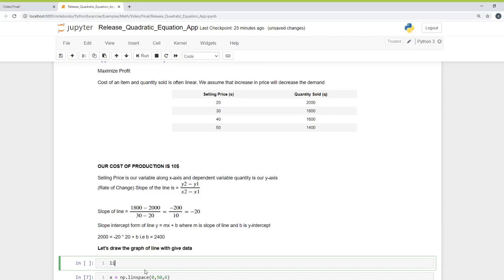So our line equation function takes the value of x and returns the value y. Our x-axis is selling price and our y is quantity sold. So the return value is -20, that is the slope of the line, times x, our selling price, plus 2400, the y-intercept.